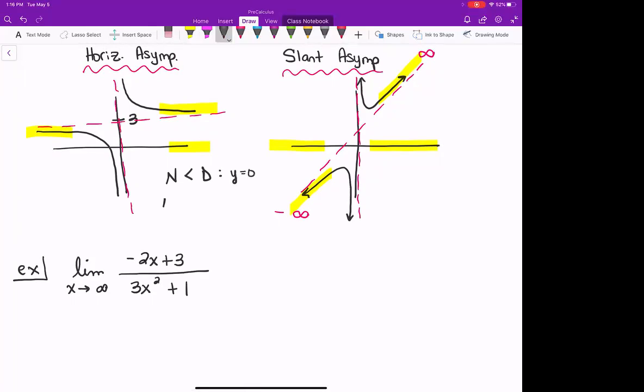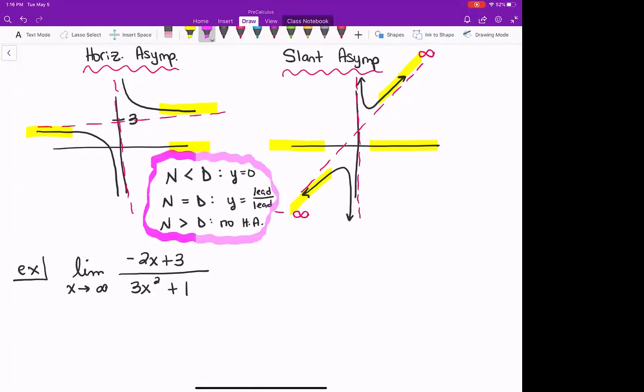If the degree of your numerator was equal to the degree of your denominator, then you had a horizontal asymptote of y equals that leading coefficient over that leading coefficient. And if the degree of your numerator was bigger than the degree of your denominator, then you had no horizontal asymptote. And that was all for horizontal asymptotes.